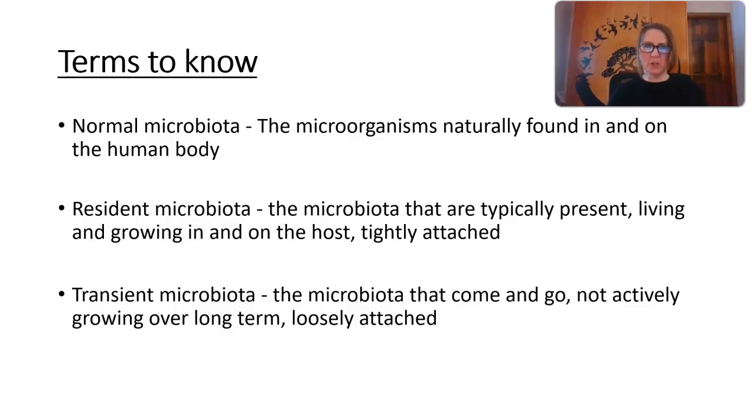Here are some terms that you're going to hear and you need to know. So your normal microbiota. So you're healthy, you're an adult. You generally don't need antibiotics. Maybe once every 8 or 9 years you might have an infection, but essentially these are your own microorganisms that are living in your body and protecting you from outsiders. We would also call some of these resident microbiota. So these are the ones that are typically there and they're living and growing.